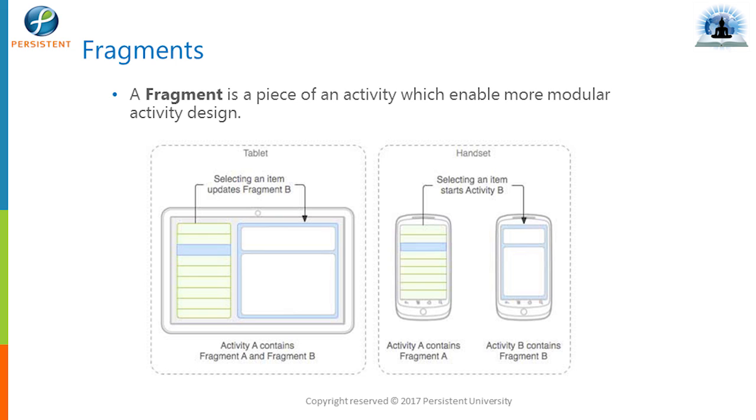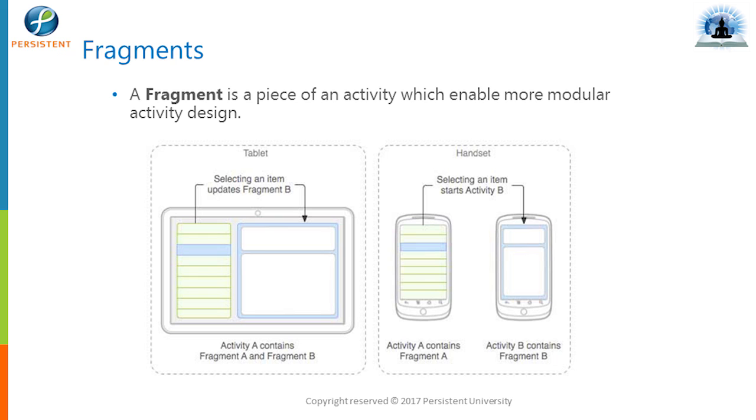Prior to the introduction of fragments, there were limitations because there can be only a single activity on the screen at any given point in time. So it was not easily possible to divide the device screen and control different parts separately.